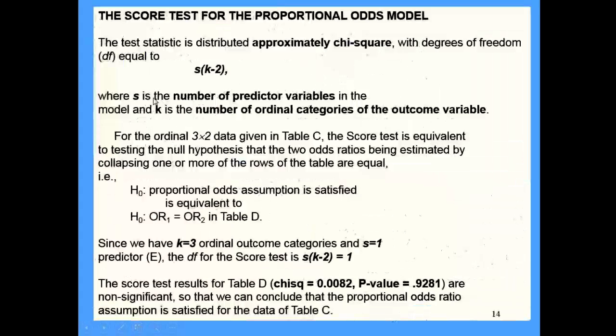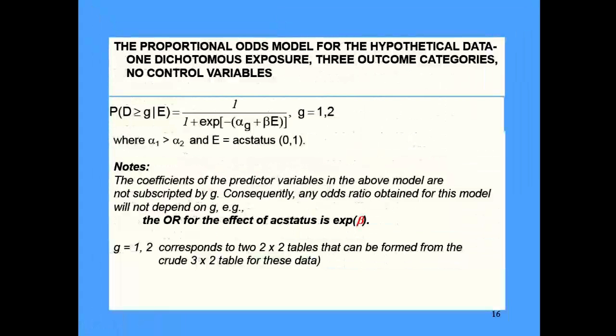So if you look at this formula, if we're talking about the probability that D is greater than or equal to 1, what are we talking about? There are 3 categories, 0, 1, 2. So if D is greater than or equal to 1, it could be 1 or 2, right?